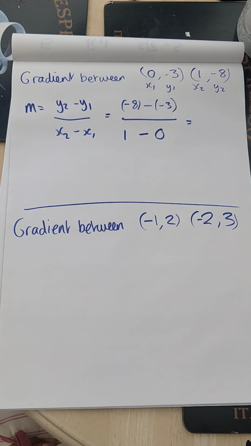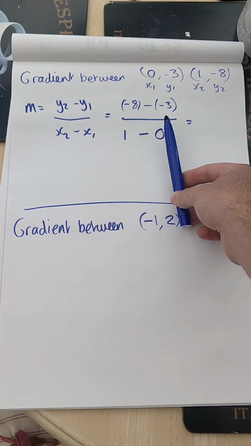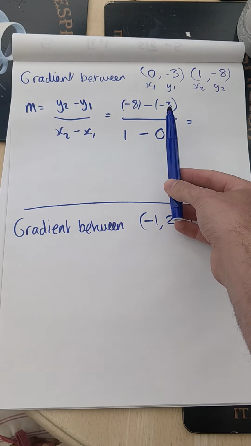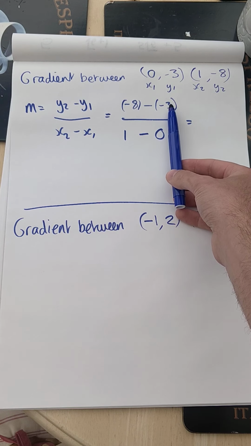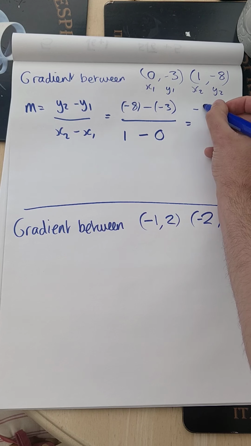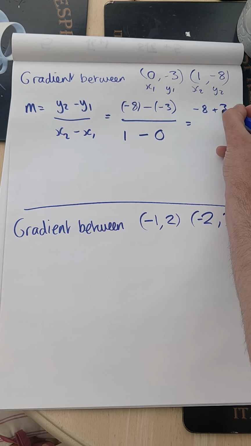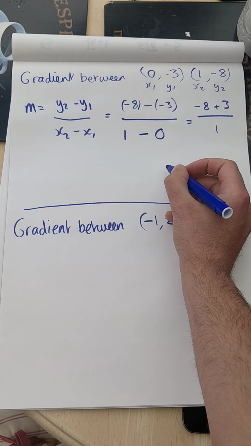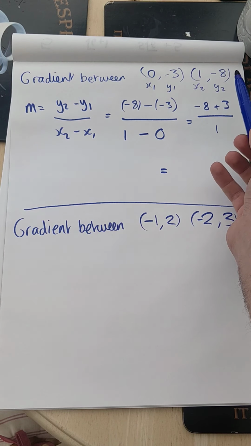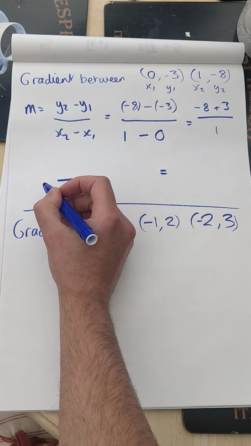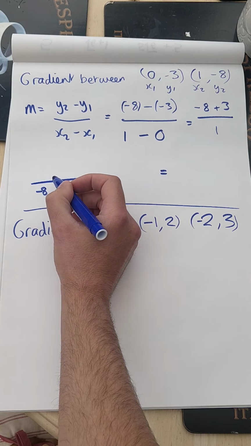Okay, now the issue that you've got here is we do have some negative numbers. Now, what happens when you take away a negative number is that it turns into a positive. So what you actually have is negative 8 add 3 over 1. Now if I bring that down here, negative 8 add 3, if you imagine it on a number line, where that's 0, we've got negative 8 over here.